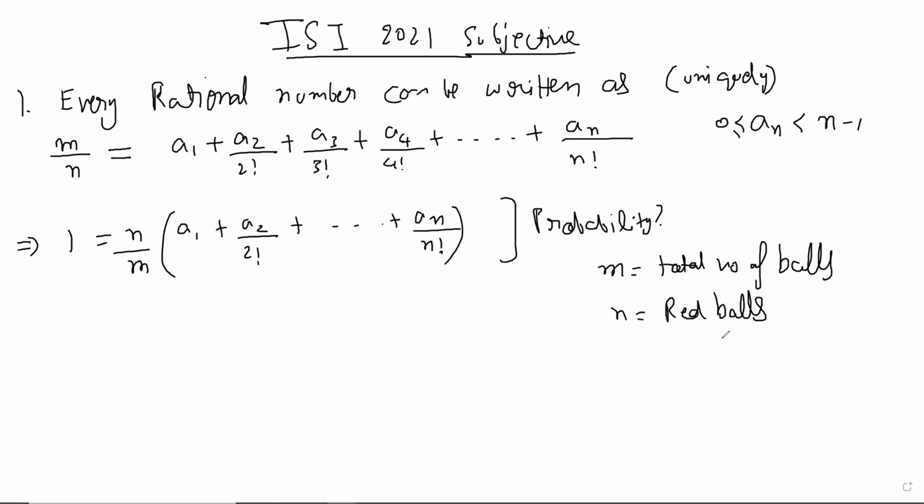Right, that's okay. Sorry, if we choose two out of what? Okay, choose two out of the n. But what is the r?